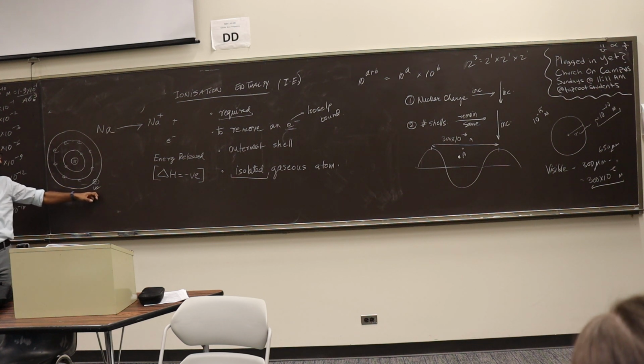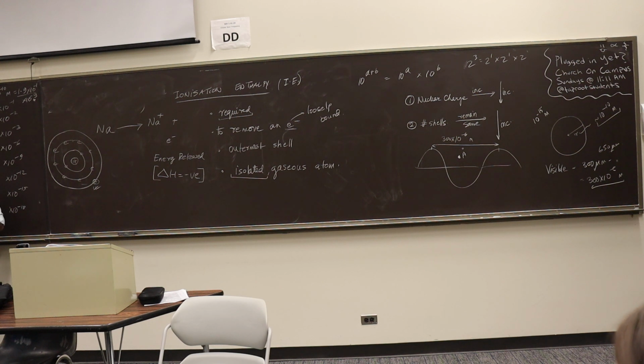And why will I pull this outermost? Why not this electron? Because it's most stable. It's the closest to the nucleus. Yes, exactly. And since it is most stable, that has the least negative energy, right?